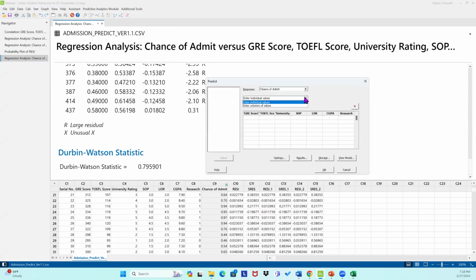Now here you go, chance of admission. And here you have the values to predict. So let's say GRE score, I'm just putting 312. I'm predicting for two things. TOEFL score, I'm just putting 110.